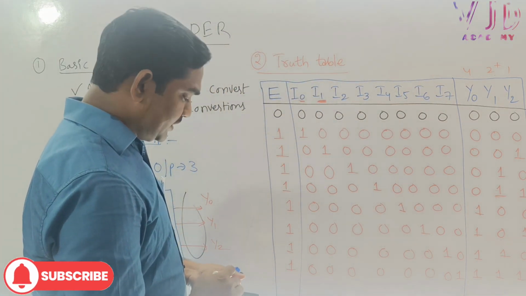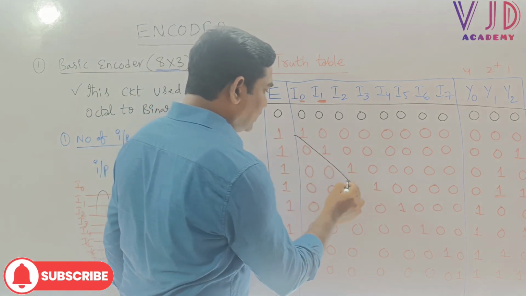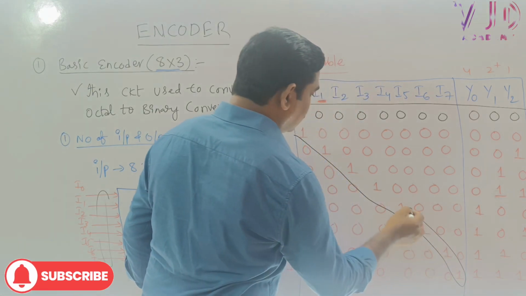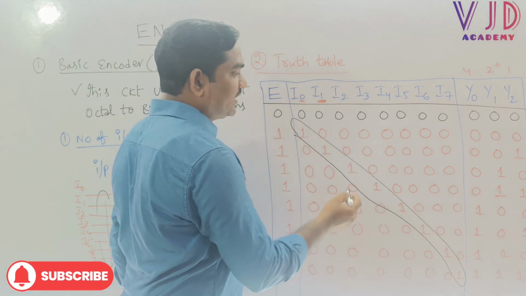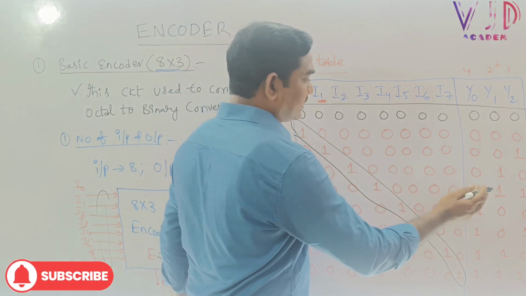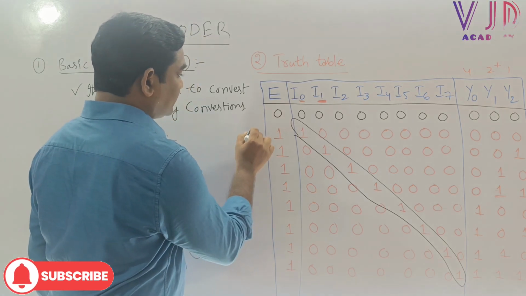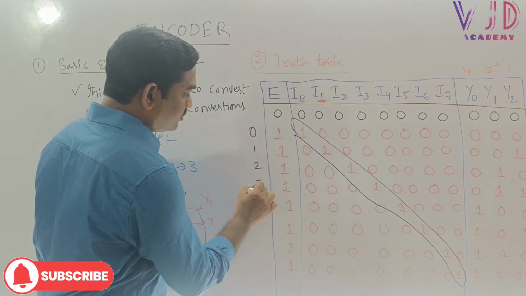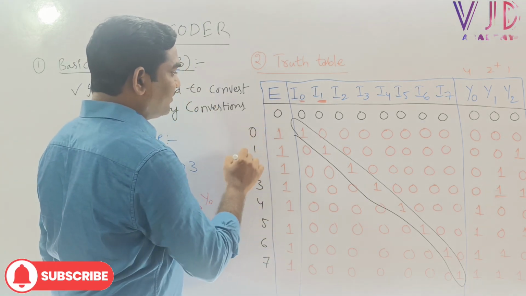Sir, can you please try to understand: only the moment when we are giving inputs based upon the corresponding weightage value, then only the output is converting. If you see here, this is 0 1 2 3 4 5 6 7, the decimal weightage.